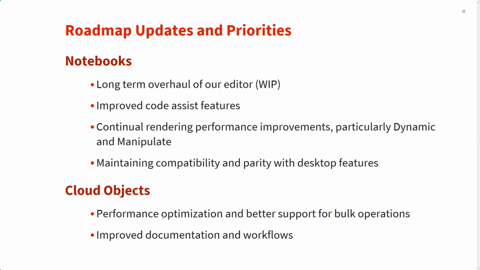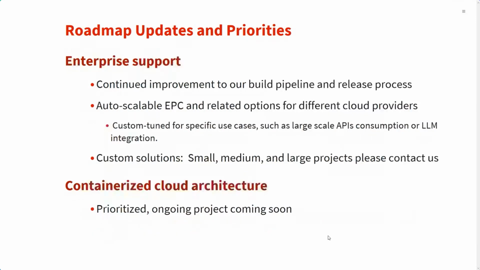Cloud objects, again, just general performance optimization and better support for cloud operations, as well as improved documentation and workflows. Our enterprise support is drastically improved and getting there. Containerized cloud is coming soon.